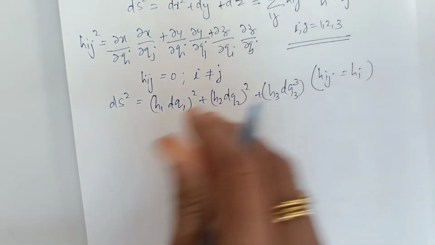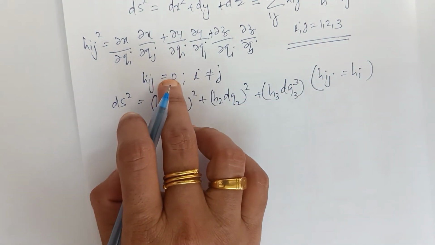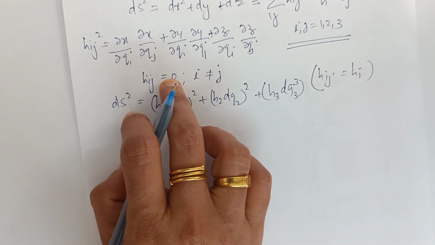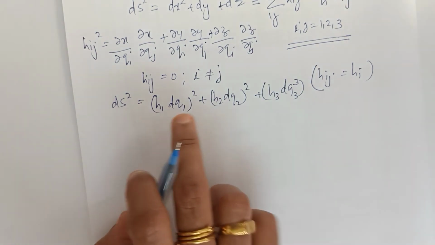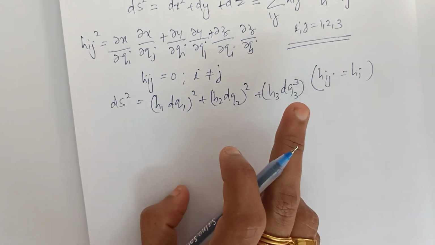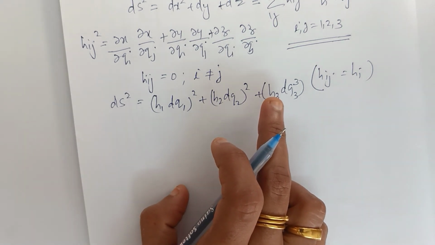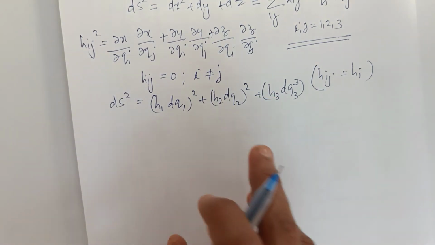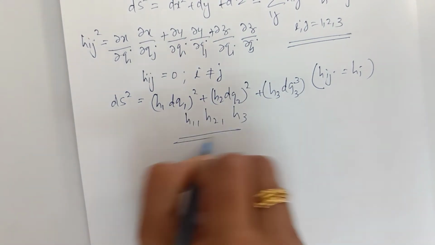If i is not equal to j they are equal to 0, and if i is equal to j they survive. So we were able to describe the specific coordinate systems with the help of the scale factors h1, h2 and h3.